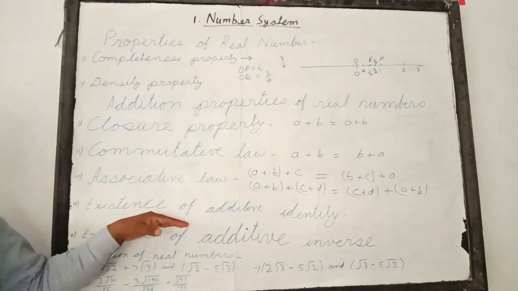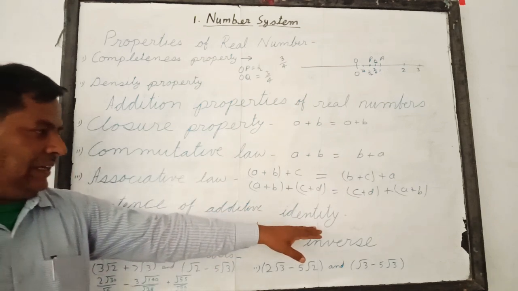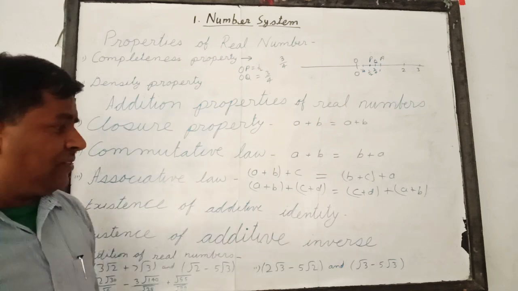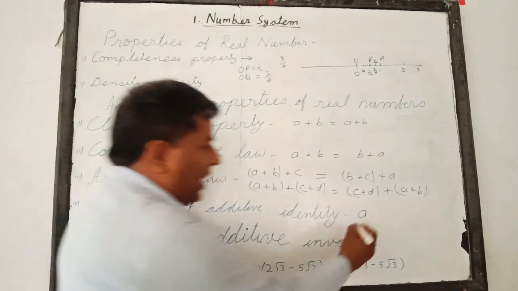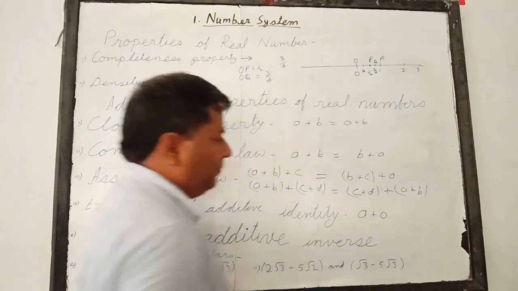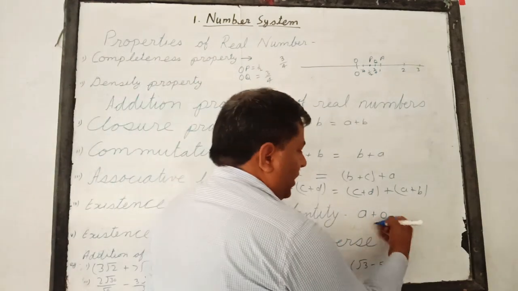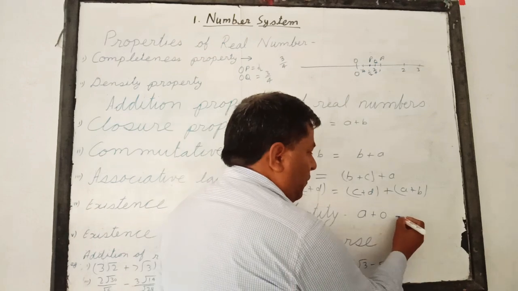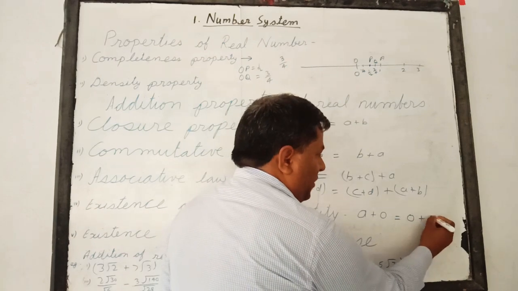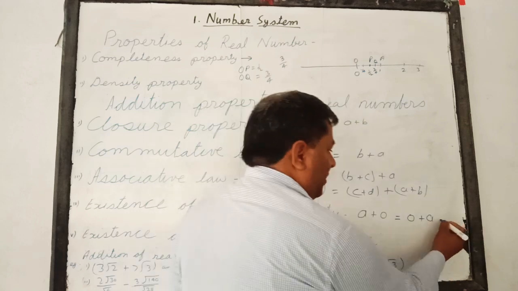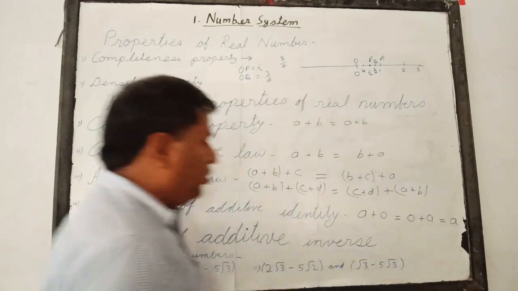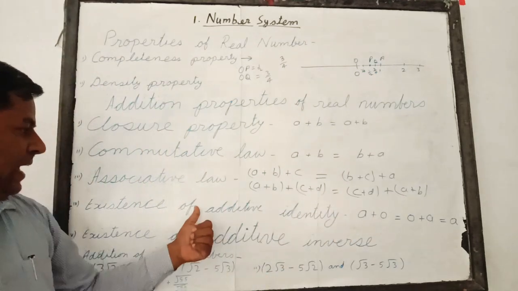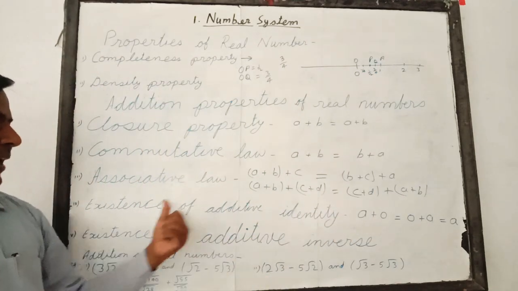Then we have the existence of additive identity. According to this, if we take any real number A and to this we add 0, what do we get? We get A. In the same way, if we take 0 and to this we add A, the sum remains the same. It is A. So 0 is called the additive identity of addition.